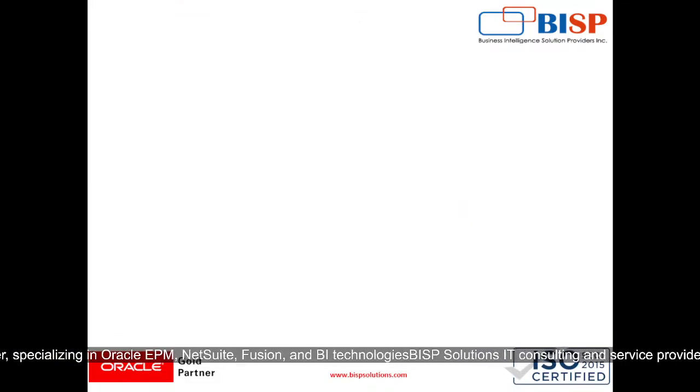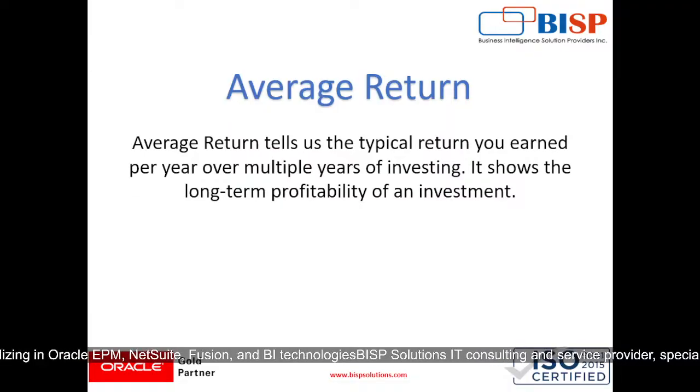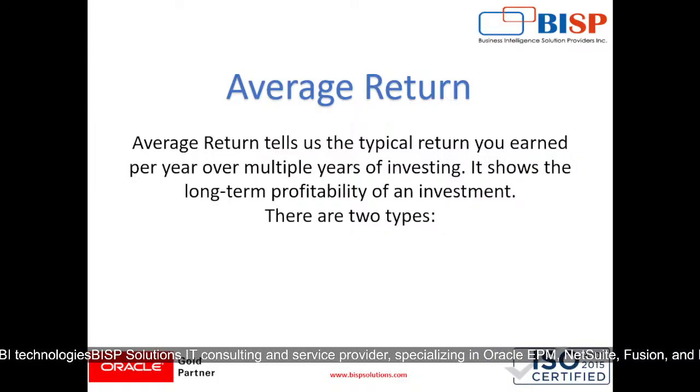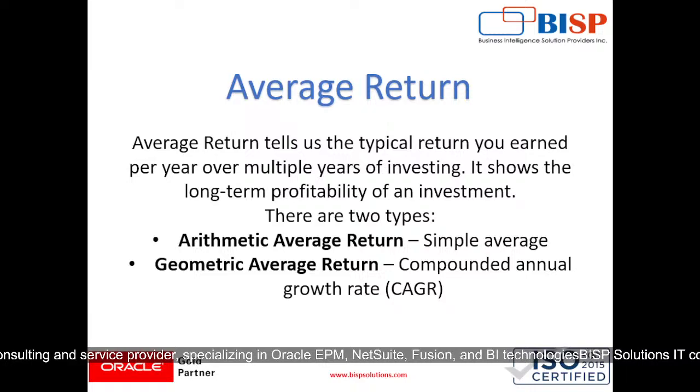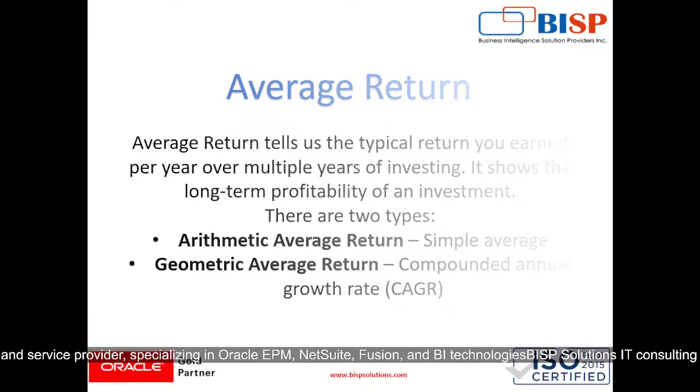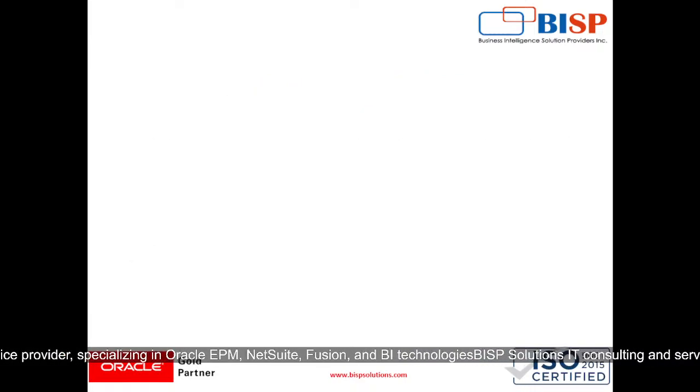Then comes our average return. Average return tells us the typical return we earn per year over multiple years of investing, and also it shows the long-term profitability of an investment. There are two types of average return: arithmetic average return, where a simple average is calculated, and geometric average return, which is compounded annual growth rate, which is CAGR.